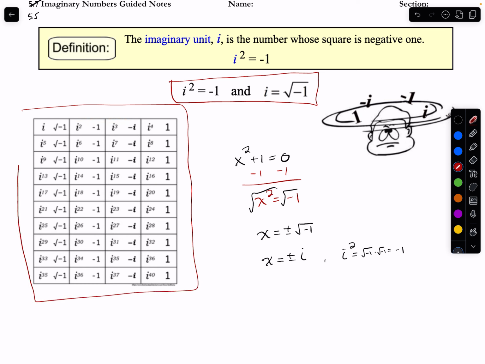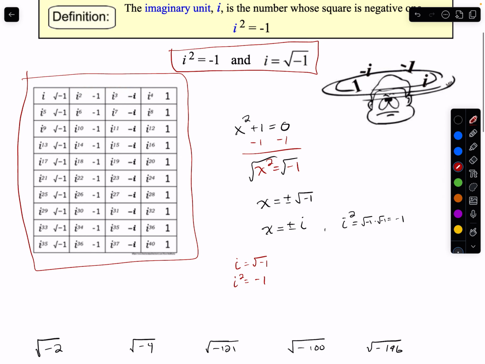And what's interesting about imaginary numbers is they fall into a pattern, as you can see from this table right here. If I know that i is the square root of negative 1 and that i squared is negative 1, i to the third power is really just i squared times i to the first.